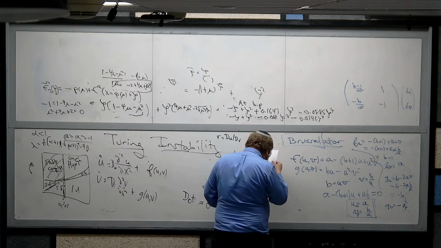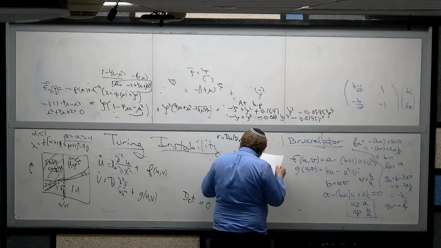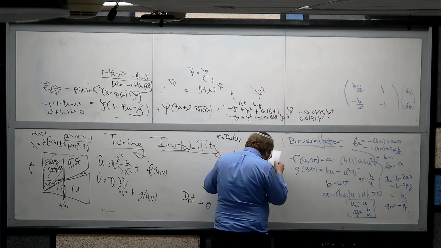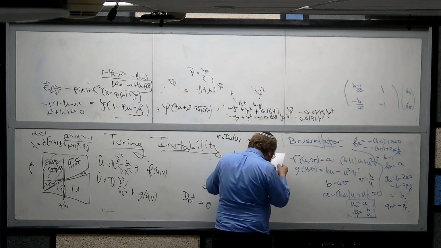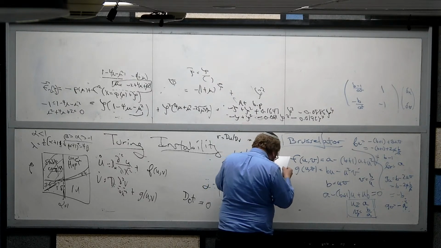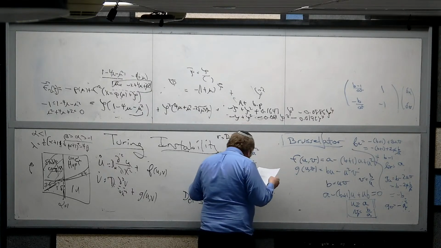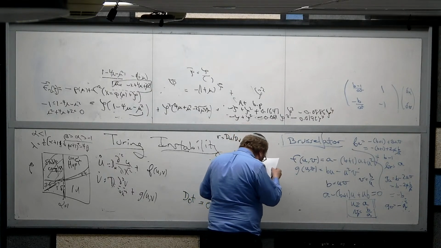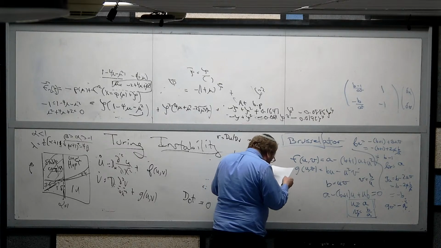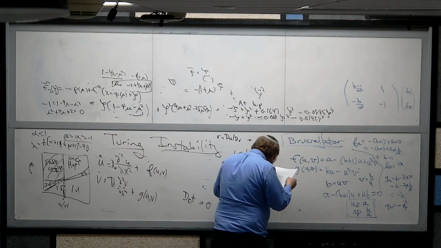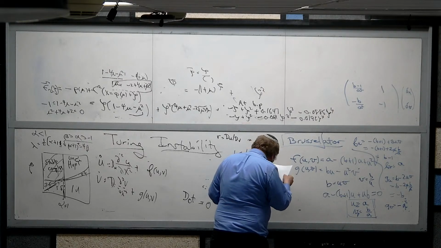And there is a critical R, which is the square root of B minus 1 over A squared. Or the B critical, the B Turing, if you will, is 1 plus A times the square root of R squared.